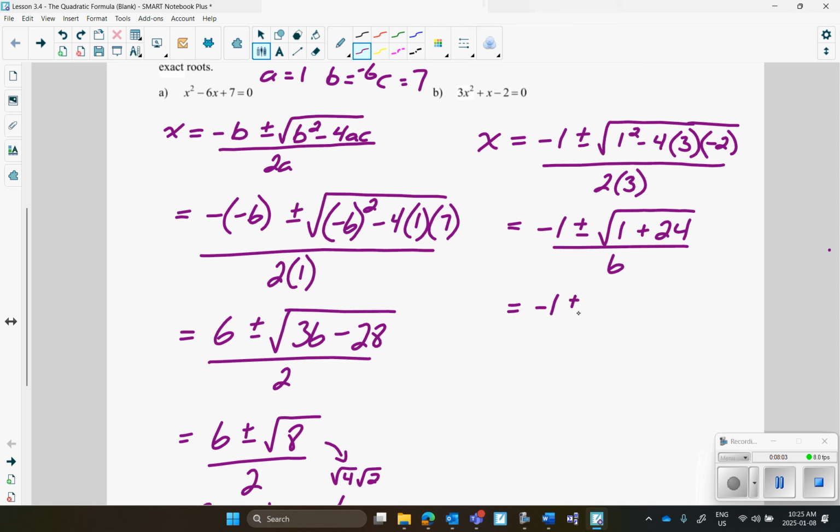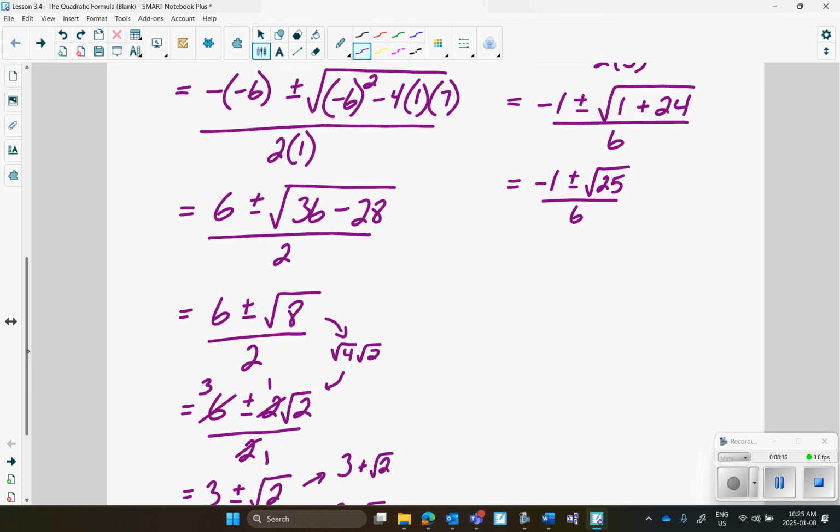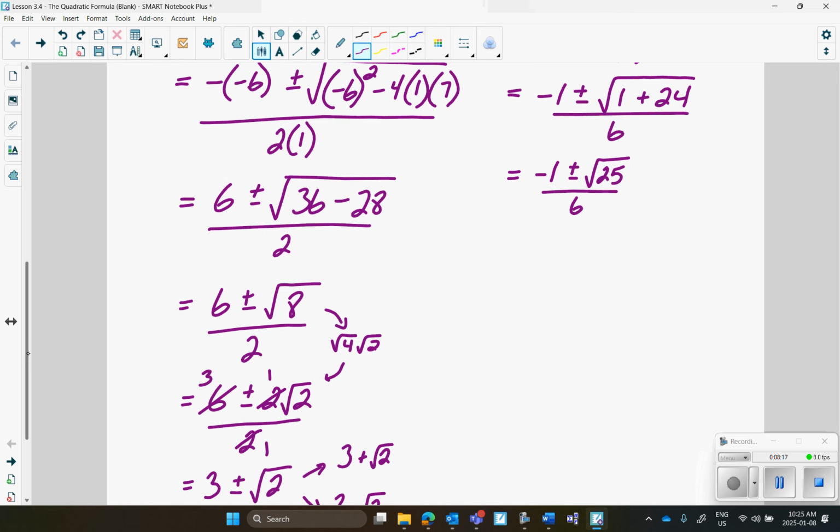That gives me negative 1 plus or minus the square root of 25, divided by 6. Can I keep going? What can I do with the square root of 25? It's just 5, isn't it? I don't have to break it down. So these answers are actually not going to have square roots in them.